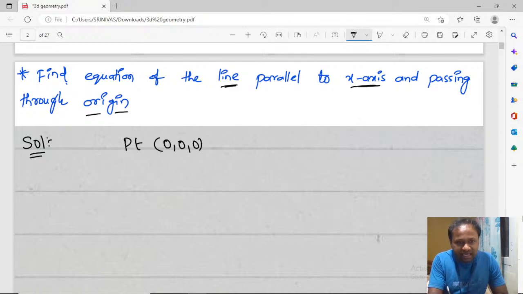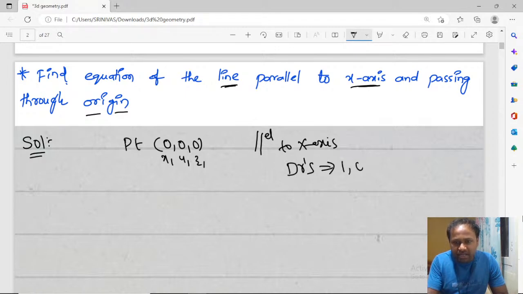Origin is x1, y1, z1 and parallel to x-axis. Parallel to x-axis means what about the DRs of x-axis? 1, 0, 0.